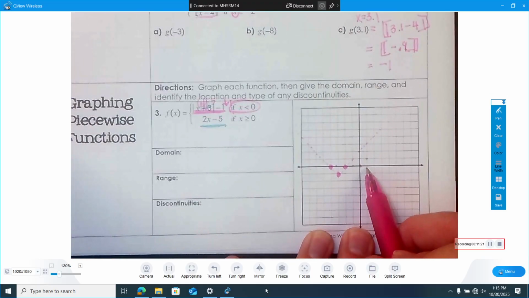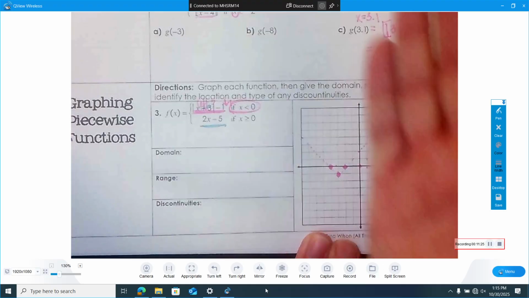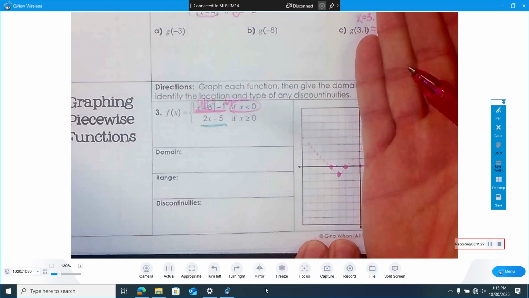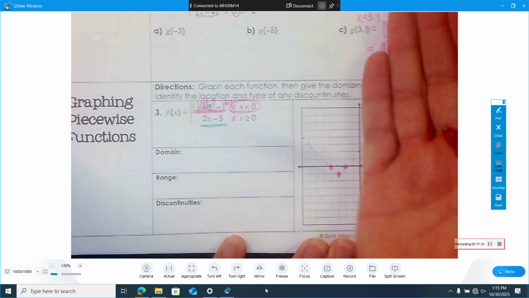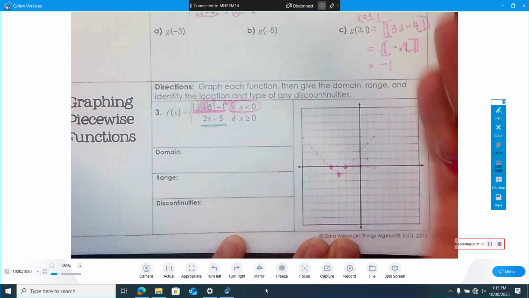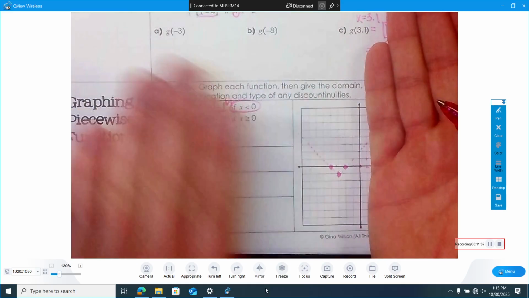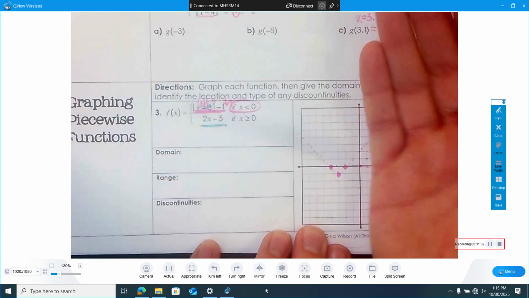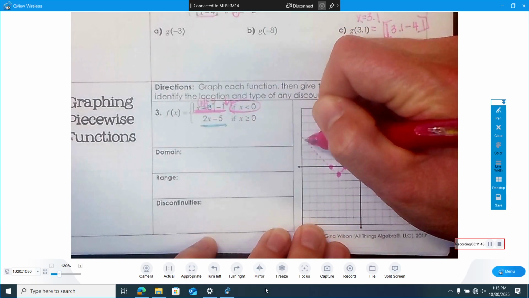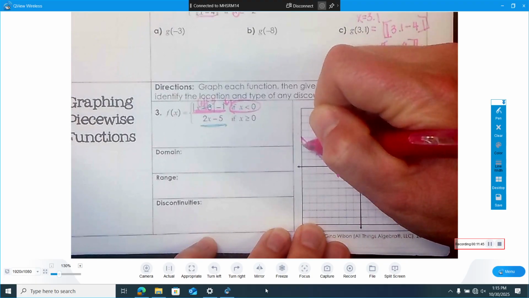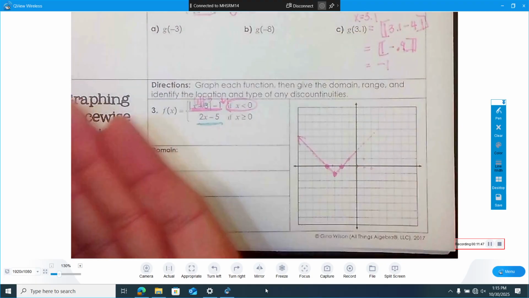Do I want to see over here when x is 1? Over when x is 2? No, we do not want to see this side of the graph. So I only want to graph this pink graph where my x values are less than 0. So that is the left-hand side of our y-axis here. This side of the graph is all that I care about, the left side.